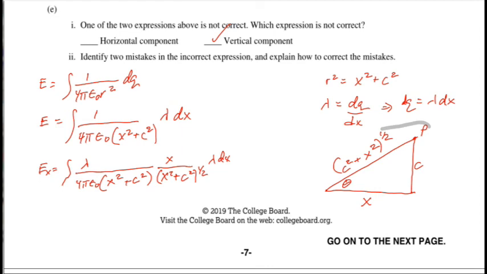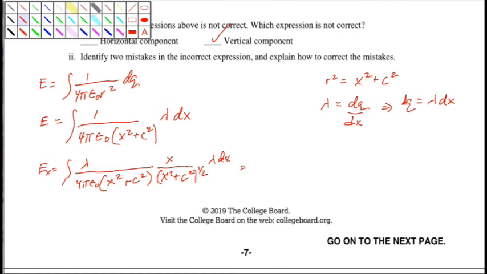I'm just going to make some room here for this. So this turns out to be lambda, and I'm just going to bring the constants out in front of the integral, 4 pi epsilon naught times x over x squared plus c squared to the 3/2, because we add those exponents together, and then we have dx, and this becomes our x value for this.